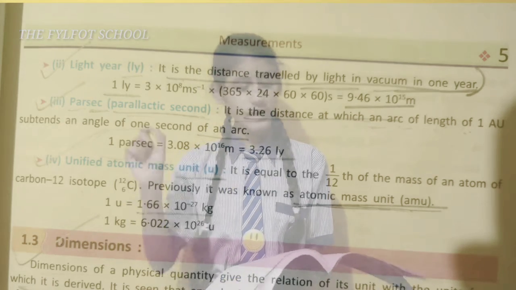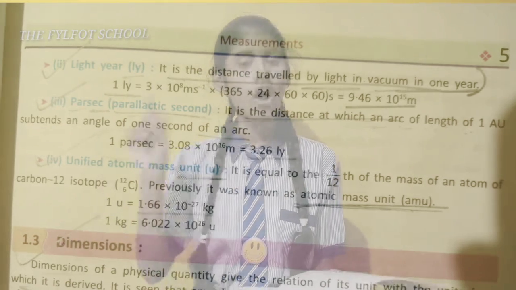It stands for parallactic second. A parsec is the distance at which an arc of length 1 AU subtends an angle of 1 second of an arc, and the value of a parsec is 3.26 LY.